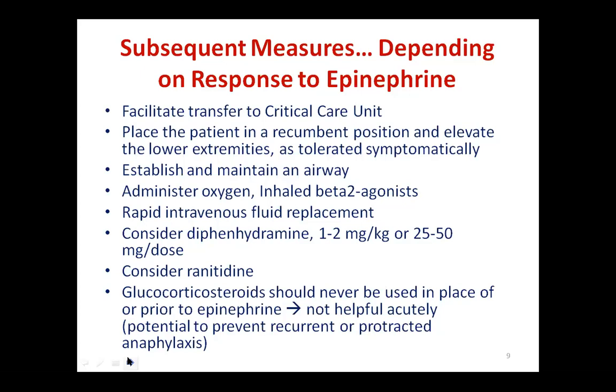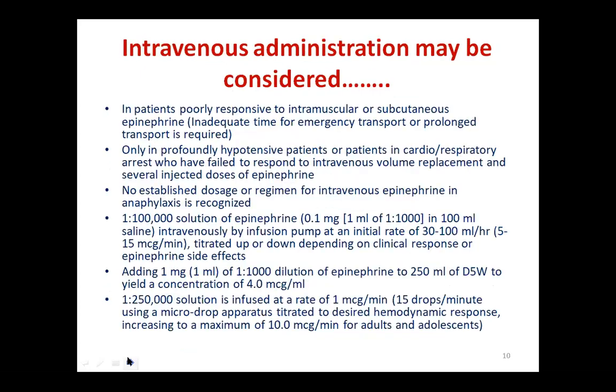So early initiation of adrenaline or epinephrine is important, and then we can add glucocorticoid or corticosteroid. In some patients who are poorly responsive to intramuscular epinephrine, or where we do not have that much time, or emergency or prolonged transport is required, there we should think about intravenous epinephrine.